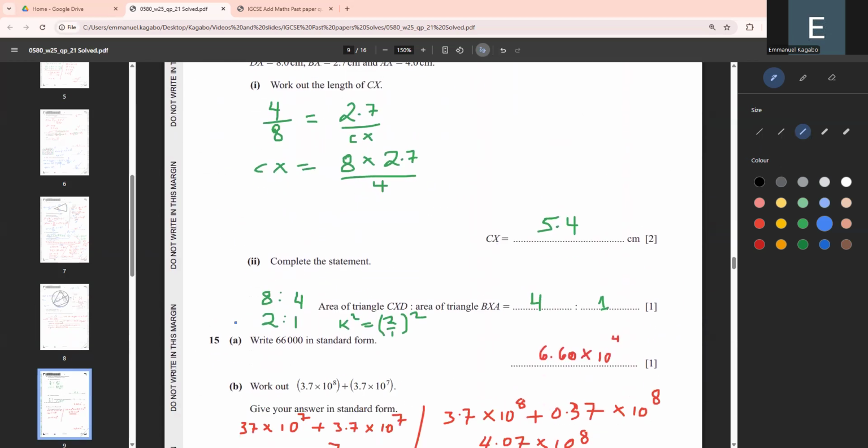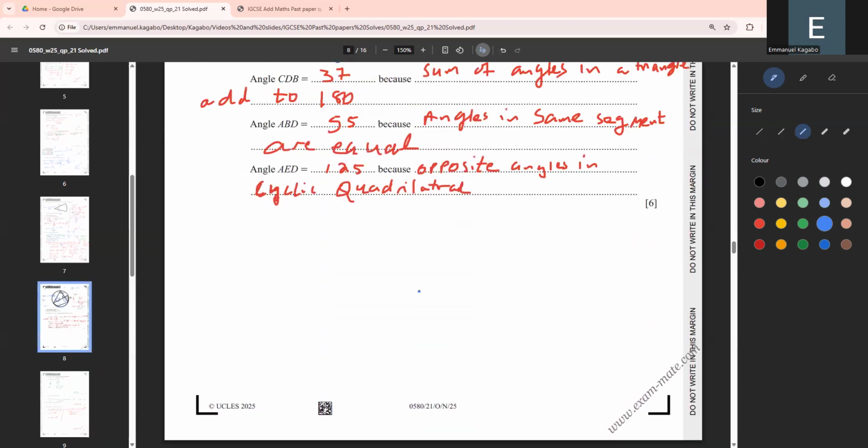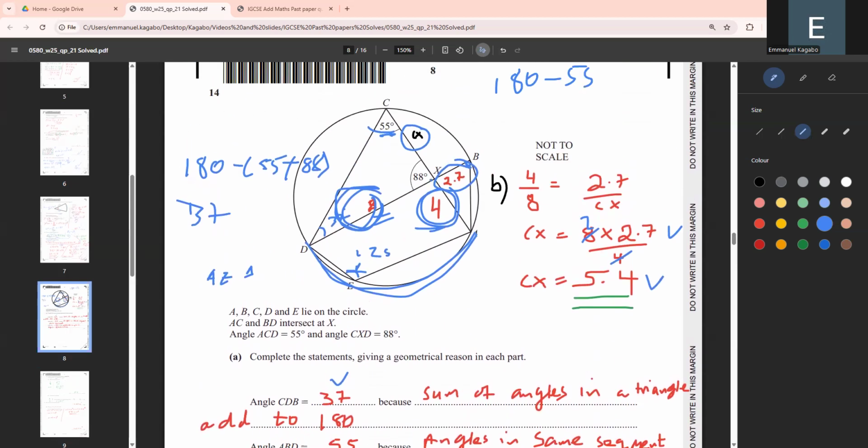Okay, complete the statement. They said the ratio of the areas. I decided to go with this and this, but you can also go with the 5.4 and the 2.7.